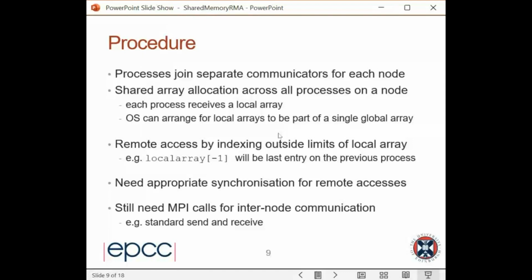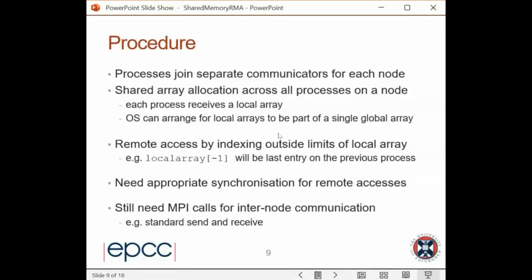If you wanted to receive data from a process with a receive, you would issue a receive, and the data would only be sent to you when the sender was ready. Here you're reading the data directly, so there's a danger you read the data before it's ready. So you need appropriate synchronization, and by far the simplest thing to do is this win fence. It's basically a barrier across the window, which makes sure that no one enters this section of code before everyone has finished the previous part.